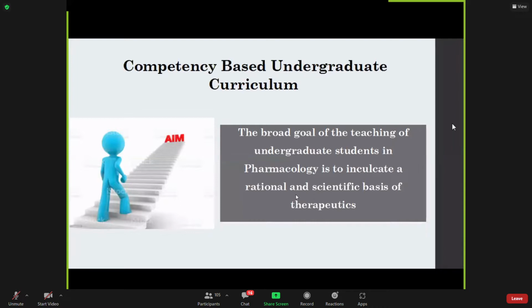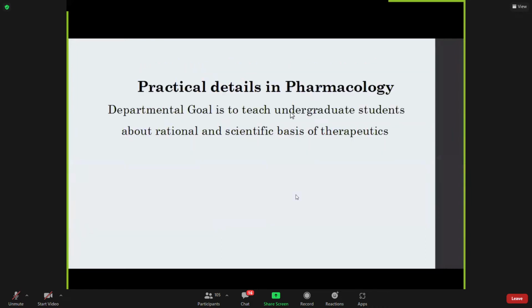So this rationality of drug will be assessed and evaluated, and you would be practicing this rational drug therapy in the form of various prescriptions, which you would be made to learn and given as assignments, so that you understand what would be the correct pharmacotherapy for a particular condition, for a particular patient. And so is the departmental goal, to teach undergraduate students about the rational and scientific basis of therapeutics.